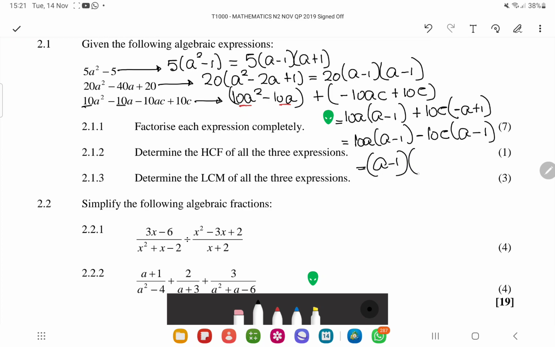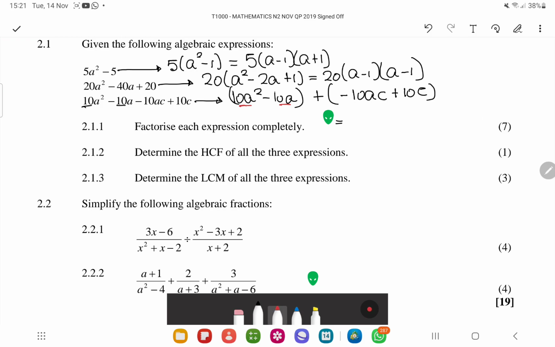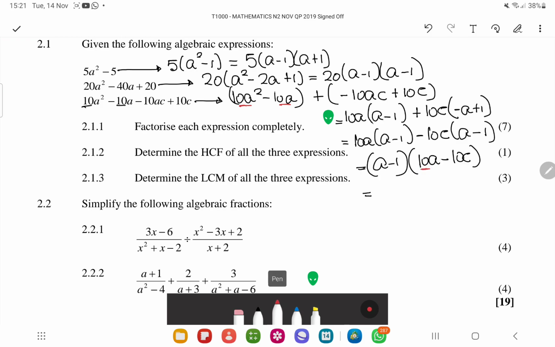The remaining will be 10a minus 10c. Then we take the common factor of 10, so that will be 10, then open bracket a minus 1, then a minus c.